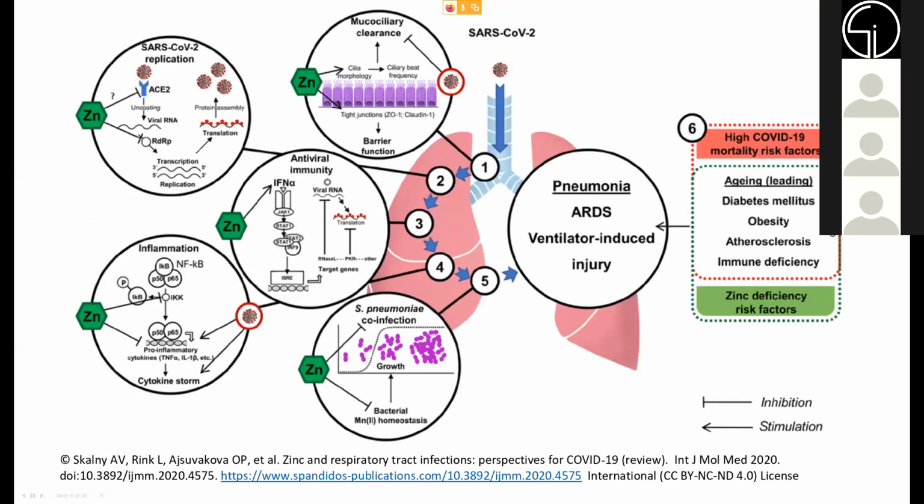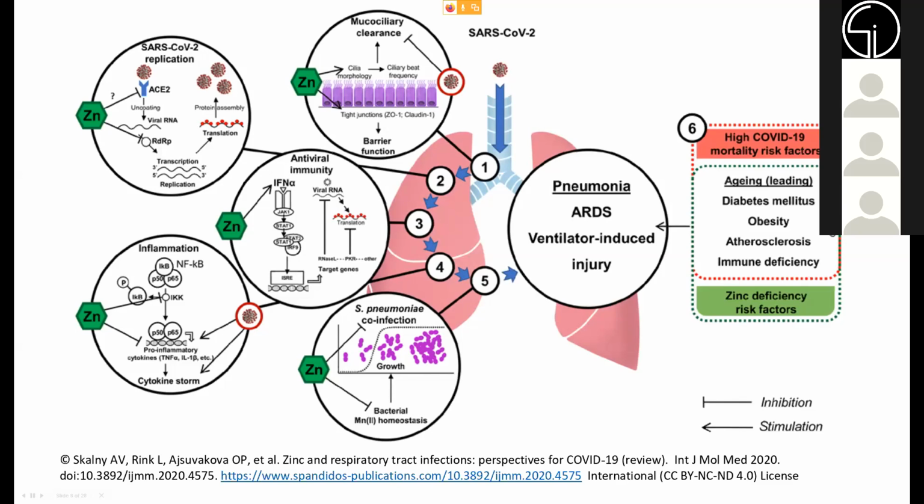Here we see a schematic view of the effects of zinc by Skolny and Rink et al., which was recently published. We see the importance of zinc for the mucosal membranes, for their barrier function. It has an effect on the replication of the virus.